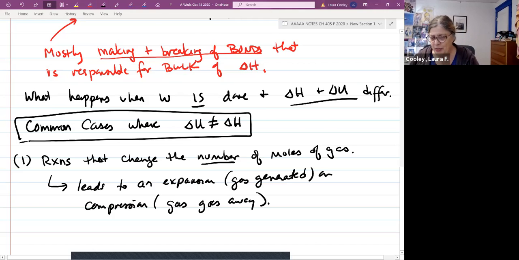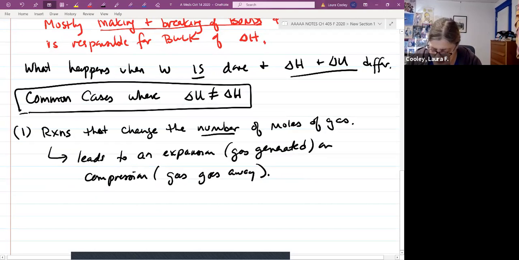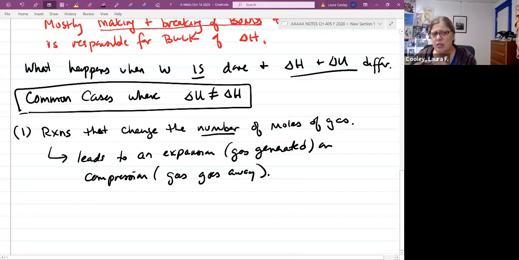There are reactions where gases can turn into things in solution. Now a lot of times this only leads to kind of a small correction. That's especially true in combustion reactions. There are some changes in moles, and it really doesn't lead to a very big change in delta U or delta H. They're very similar. We're going to do an example of that today.